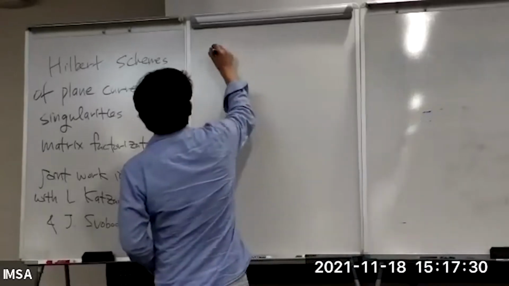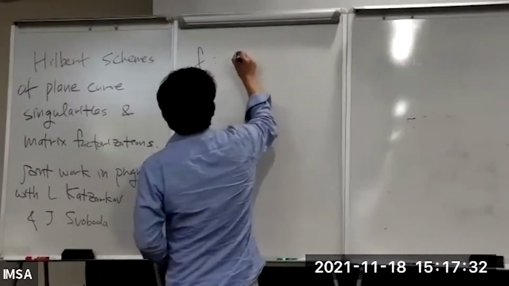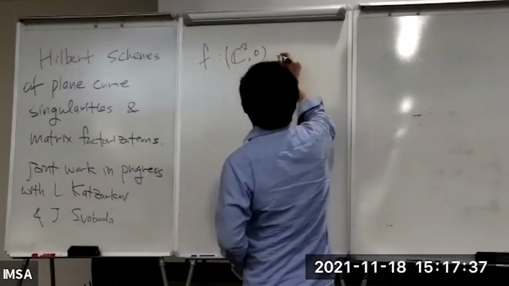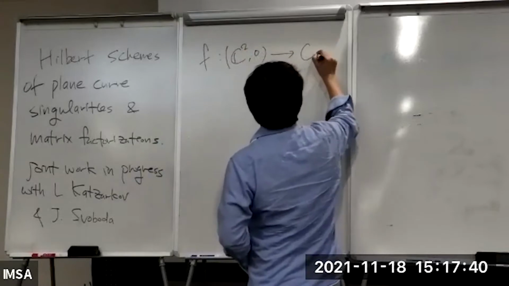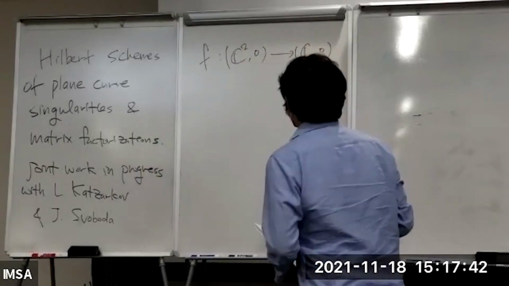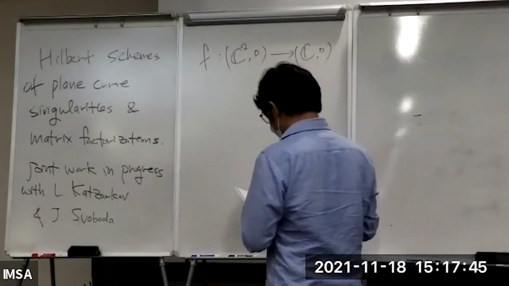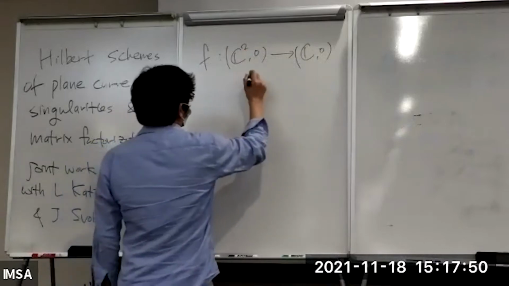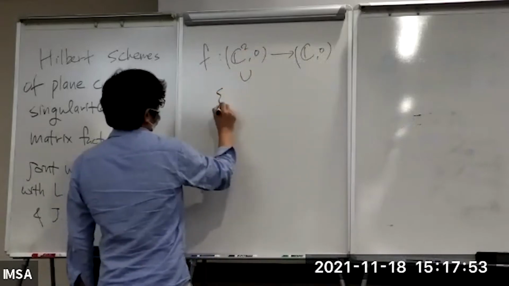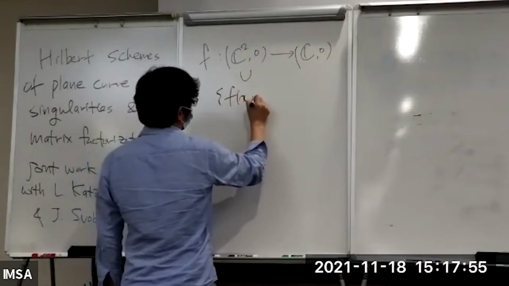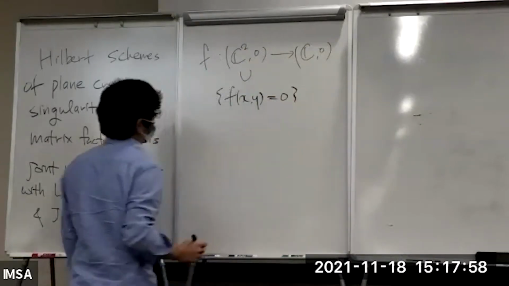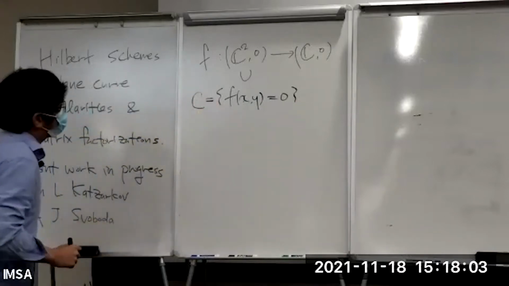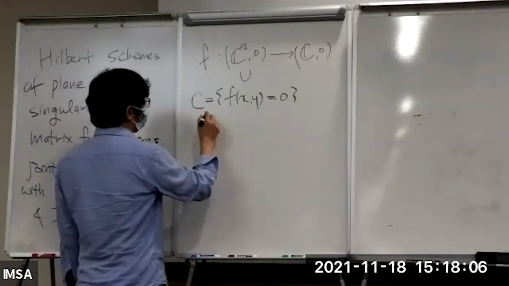Let's have a polynomial in two variables. Suppose that I have a polynomial f from C squared to C, and I consider its zero locus, which corresponds to a curve C, and suppose that C has an isolated singularity at the origin.